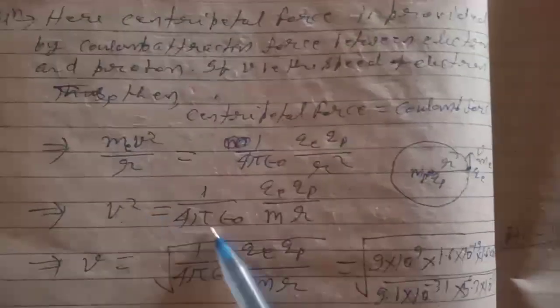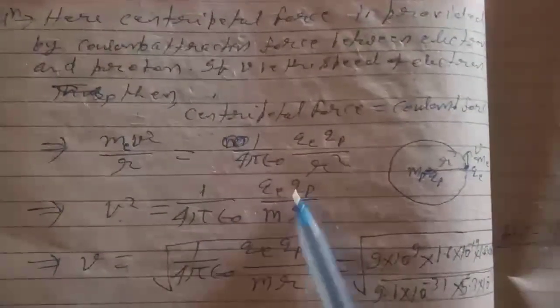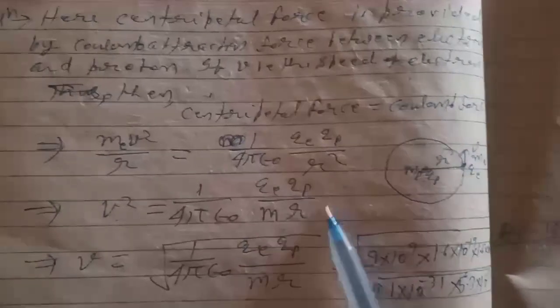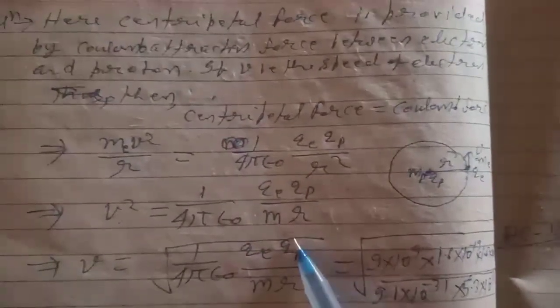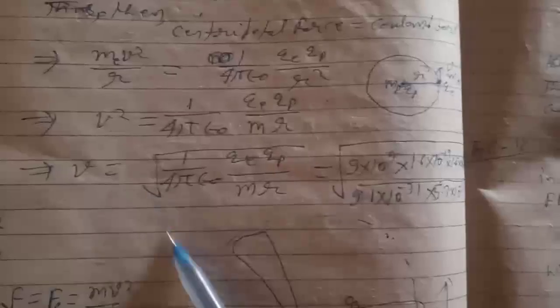This implies v square equals 1 by 4 pi epsilon naught Q_e Q_p divided by m r. Hence v equals under root (1 by 4 pi epsilon naught) Q_e Q_p by m r.